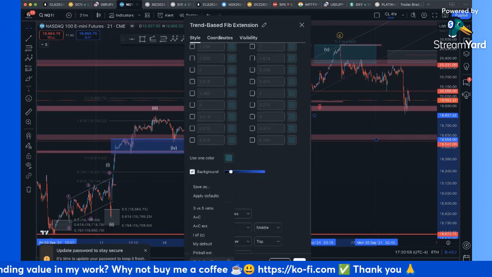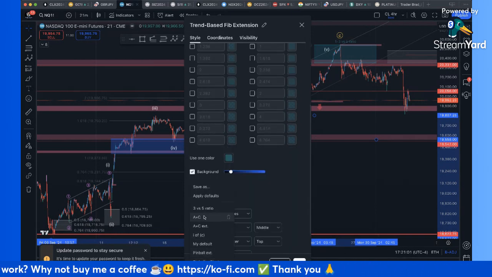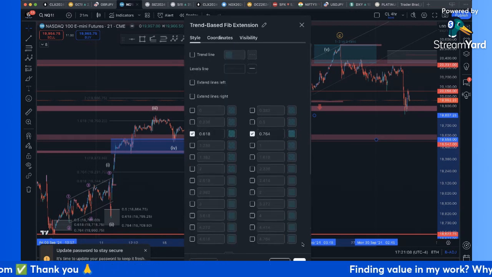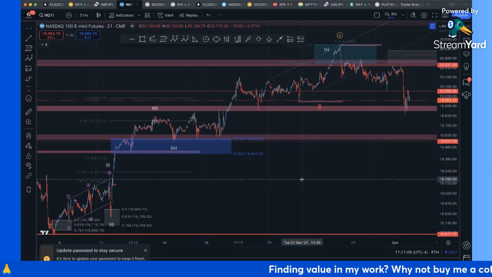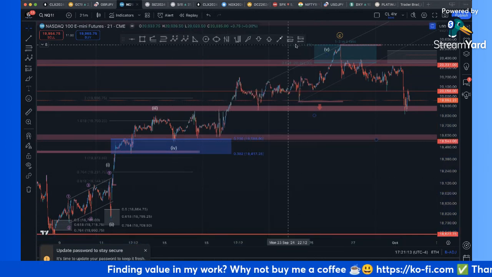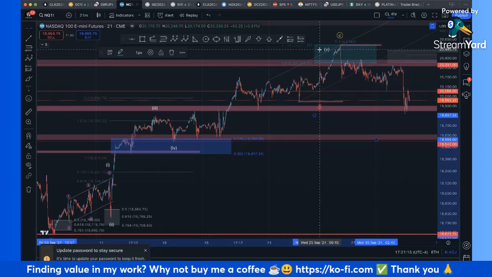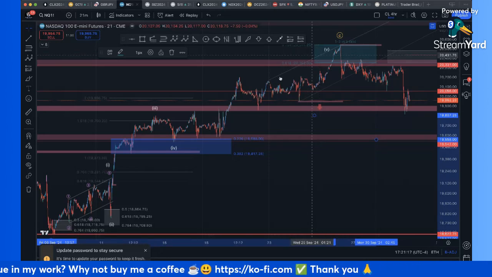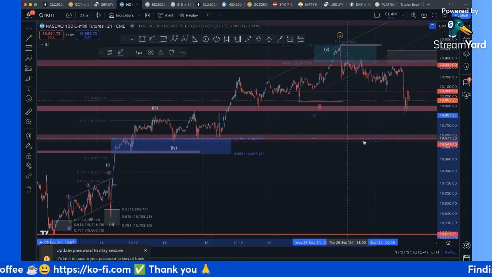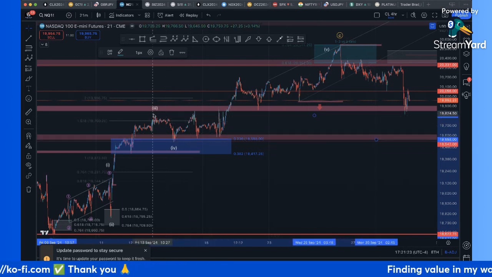If you're me, I save all these templates. This is called 3 versus 5 ratio. And the only 2 fibs are the 618 and the 764. And then once you make that third click at the bottom of wave 4, it automatically is going to populate this ratio box.